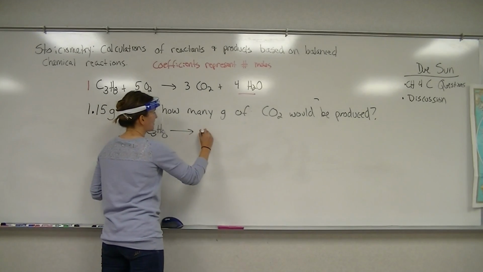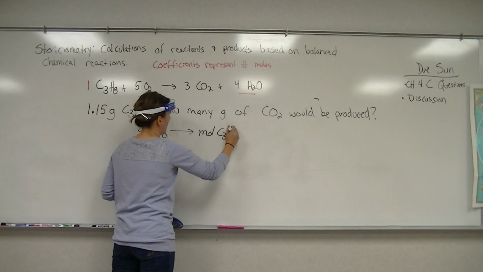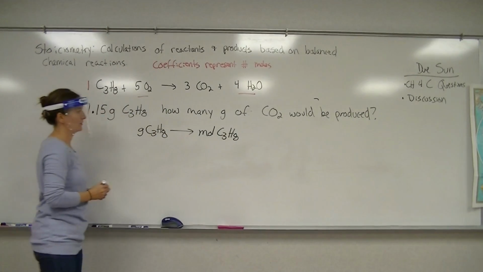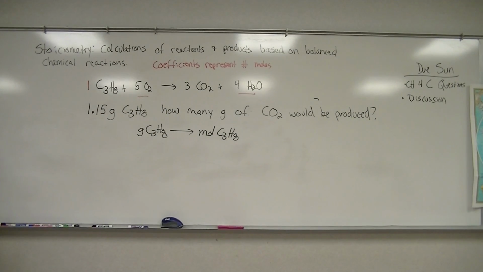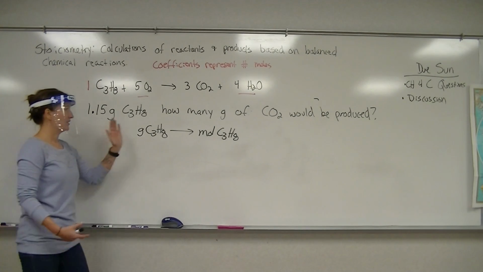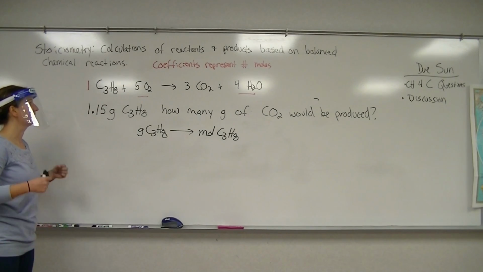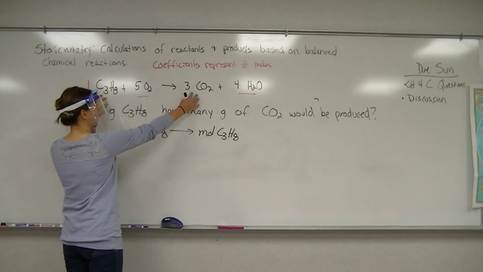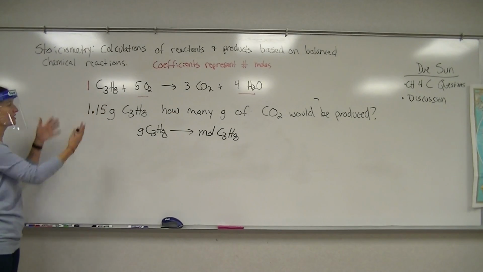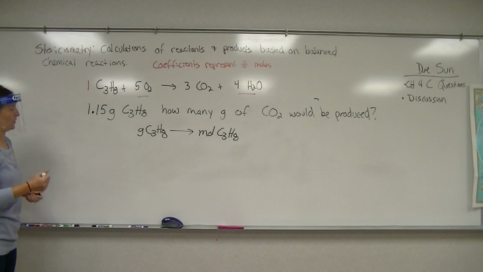So the first step is going to be to go to moles of C3H8. Because I have to have it in moles in order to compare. Because that's what those coefficients mean. They are the number of moles. So if I can get into moles of C3H8, now I can compare two different elements or compounds to each other using the balanced chemical equation.